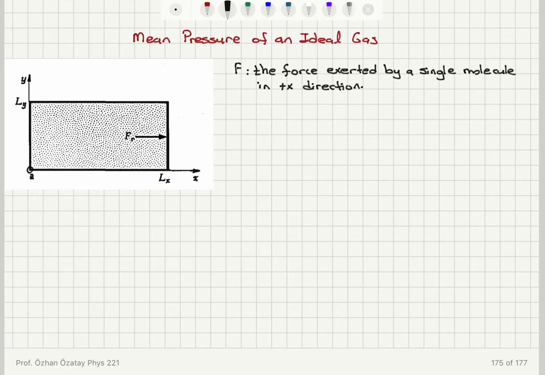Now F sub r is the same force when the molecule is in state R with energy epsilon r.